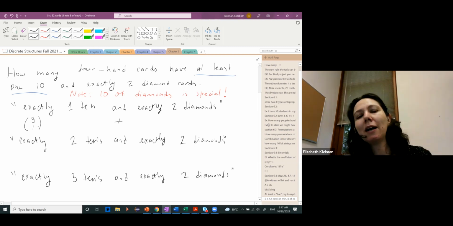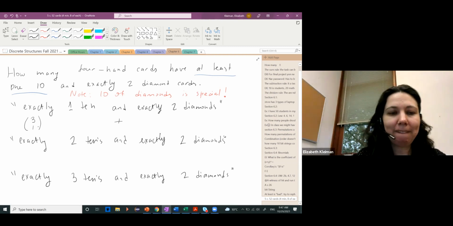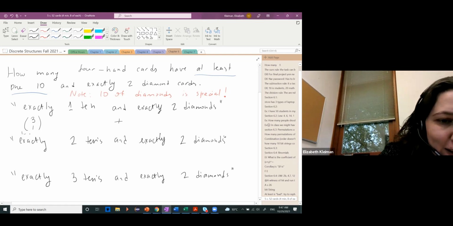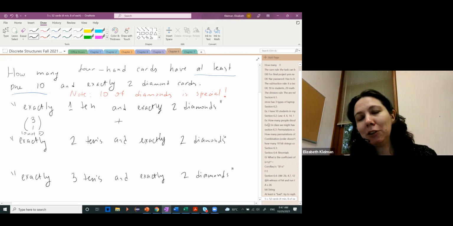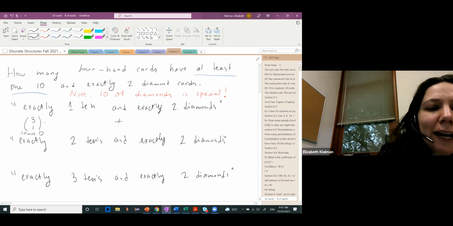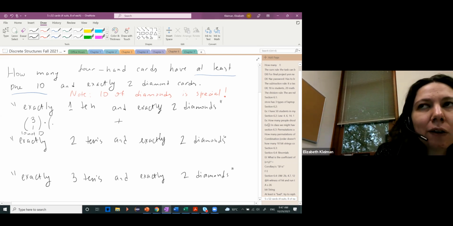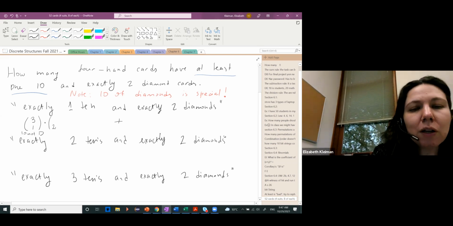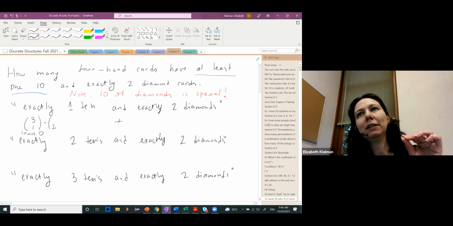So this is picking up 10, not, I'm going to call it D, not diamond. Then I need to pick 2 cards of diamonds.